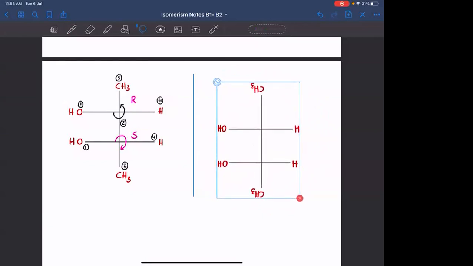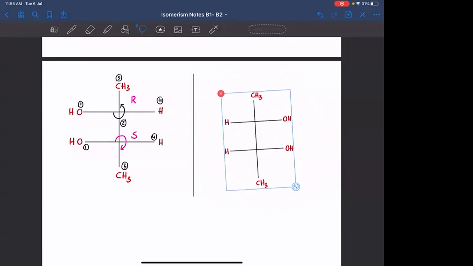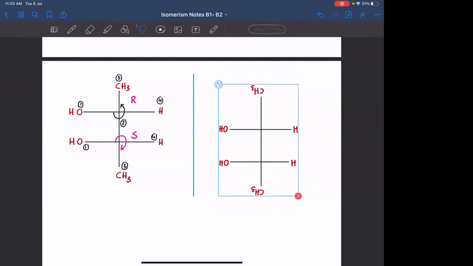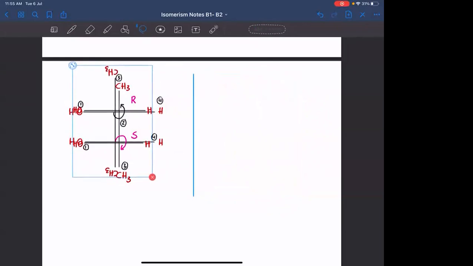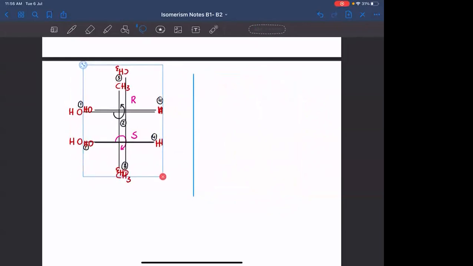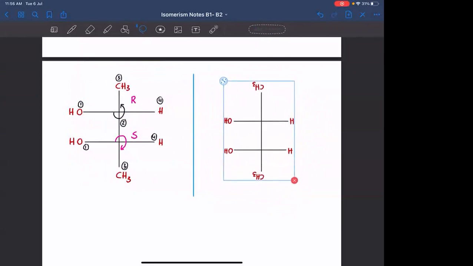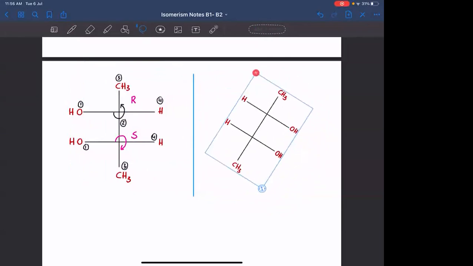I am changing it into itself, so whatever is on top still remains on top. I am not flipping it. Please understand that difference. If I am rotating it in the same plane, I am getting the same molecule. See, OH is superposed with OH, CH3 with CH3, hydrogen with hydrogen. So are these two different compounds or the same compound? Same.